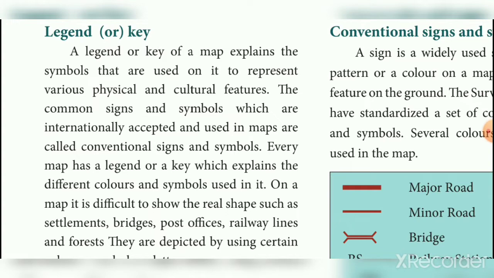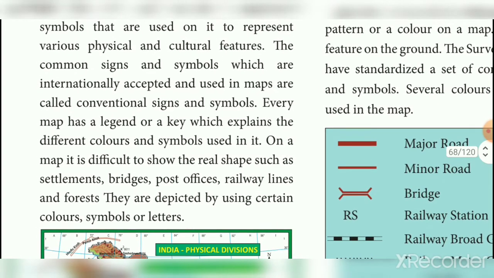The common signs and symbols which are internationally accepted, universally accepted symbols used in maps, are called conventional signs and symbols. These symbols are accepted internationally.